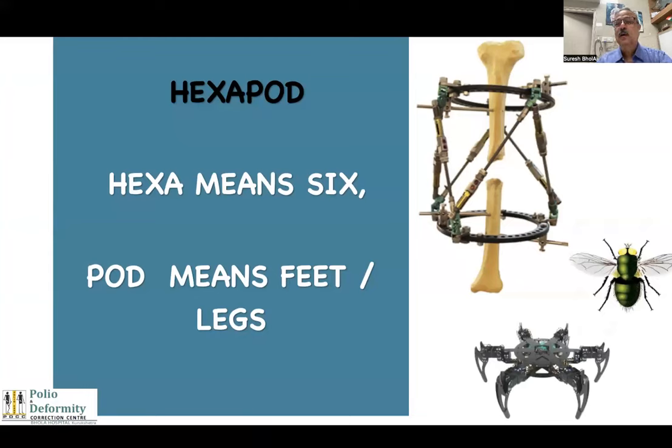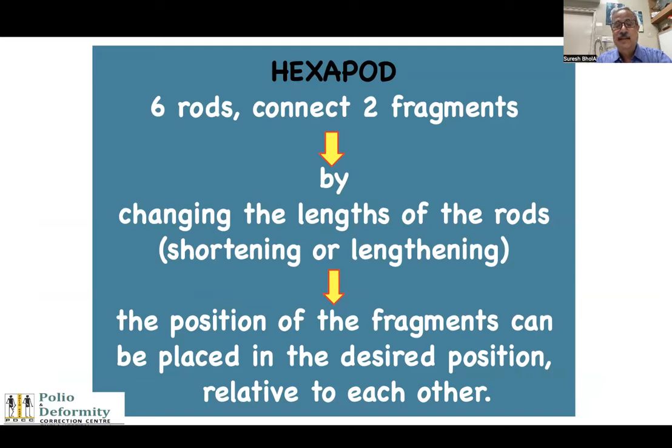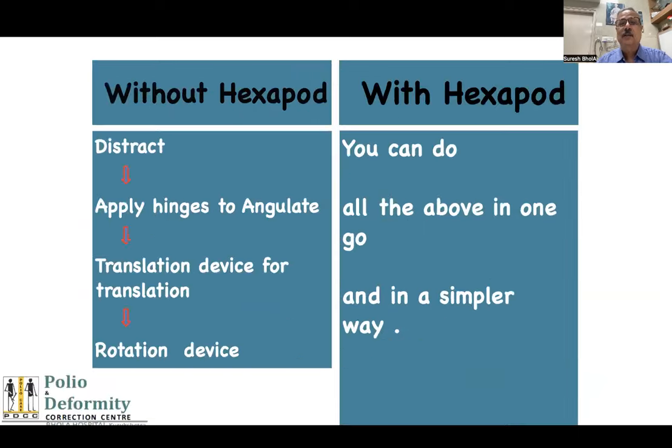So there are 6 rods which are connecting 2 fragments. And if we change the length of these rods, we can either shorten them or lengthen them. And with that, the position of the fragments with respect to each other can be changed and the fragments can be brought to the desired position.